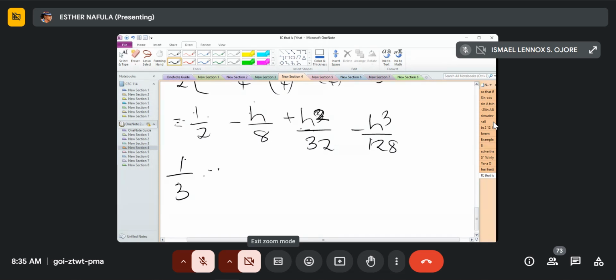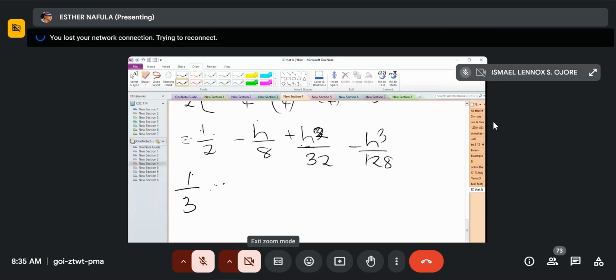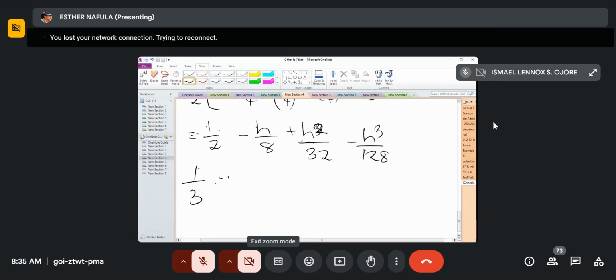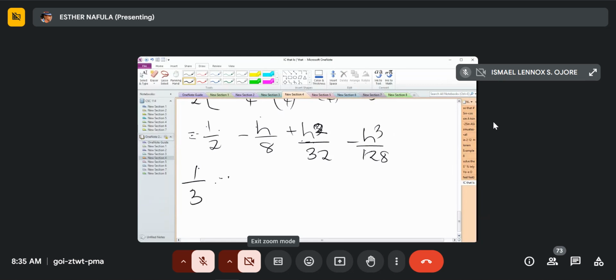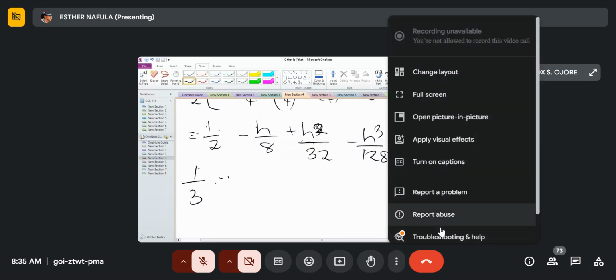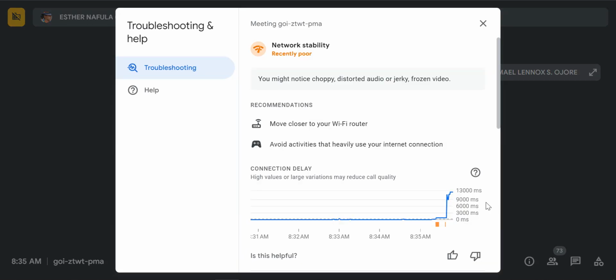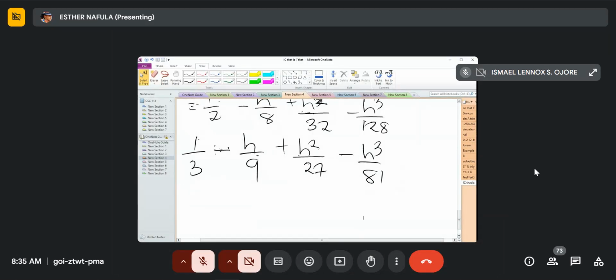A third, minus h over 9, plus h squared over 9. Now we want to subtract the first one, the second, term by term.